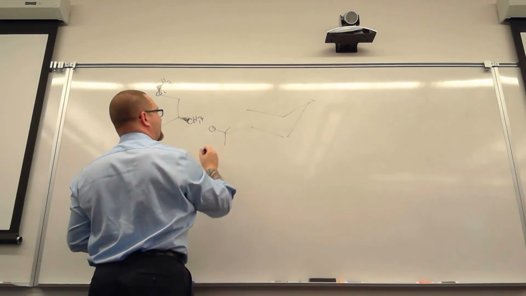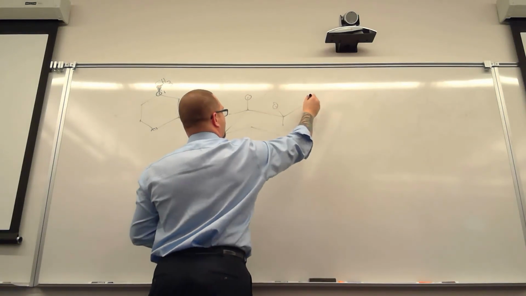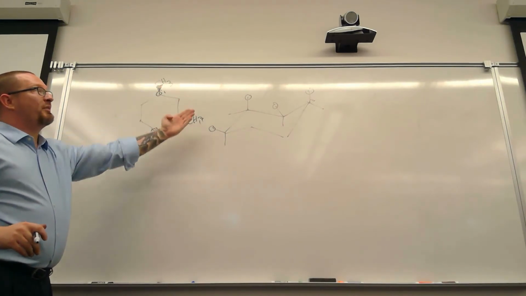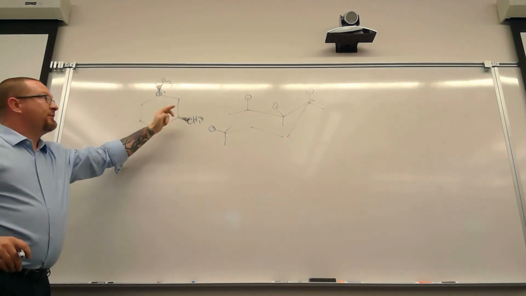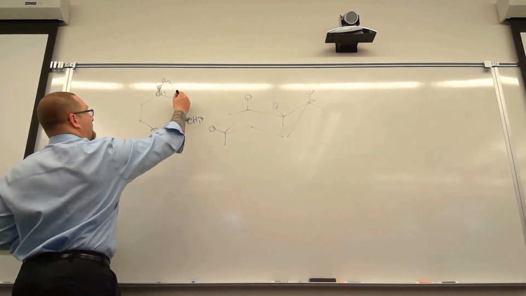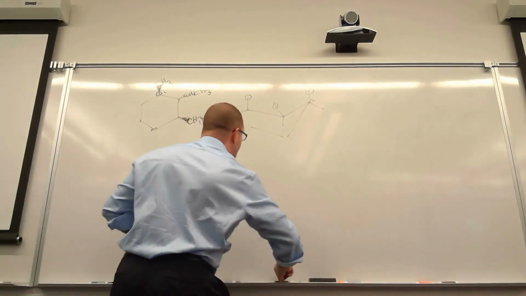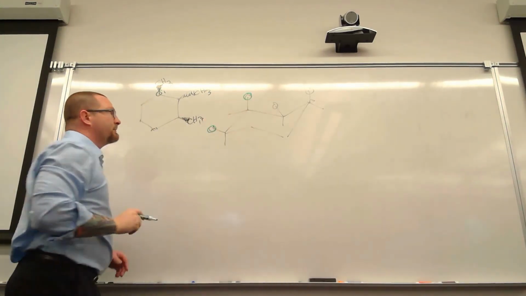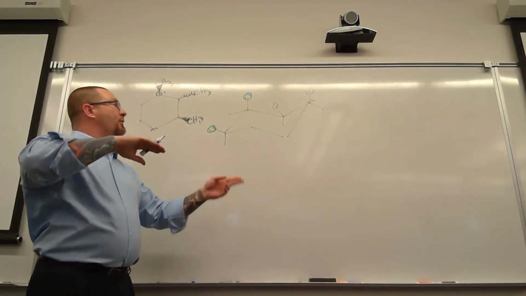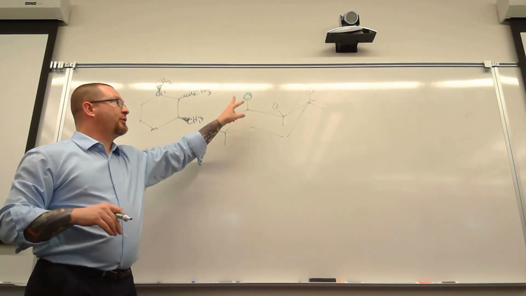In this case, the top one is equatorial. In this case, the top one is axial. In this case, the top one is equatorial. In this case, the top one is axial. Top means on top of the plane. So if this one and this one are both on top, let's say here and here, when I ring flip, one's equatorial, one's axial, this will become axial, this will become equatorial. Because each position always flips.